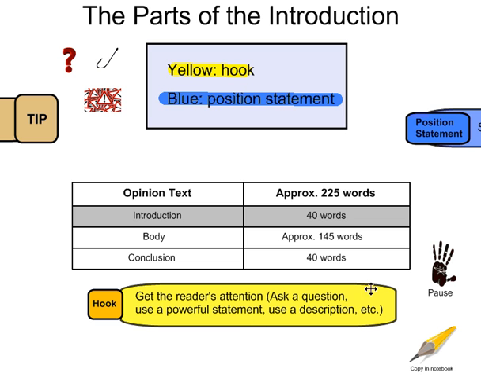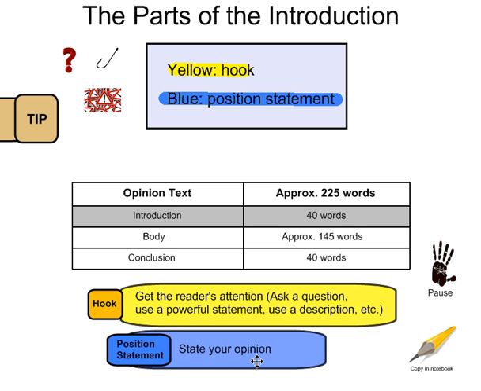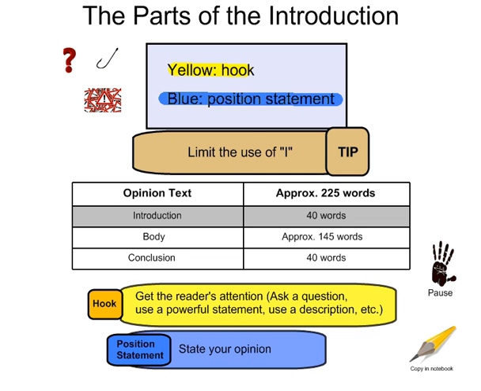And then you add your position statement, which is where you state your opinion. A quick tip: in your text, you should limit the use of I, and we'll get into this further as we go in the exercises.